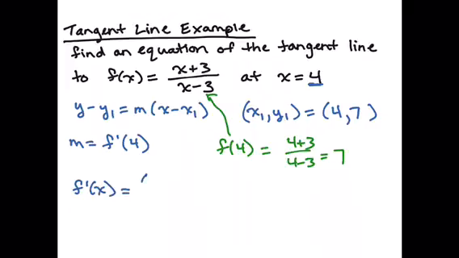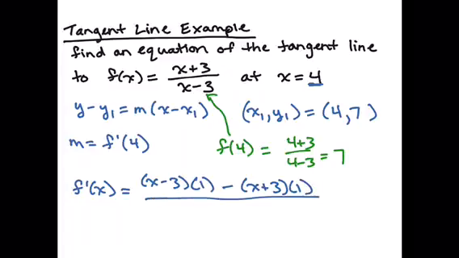So I have low is x minus 3, d high is 1, minus high, d low is 1, over low squared.